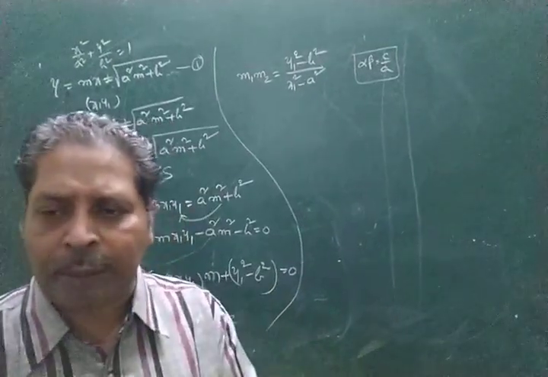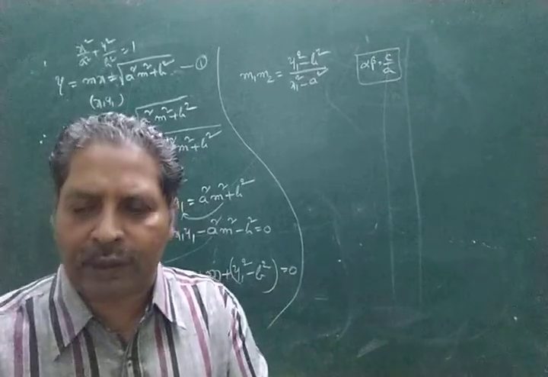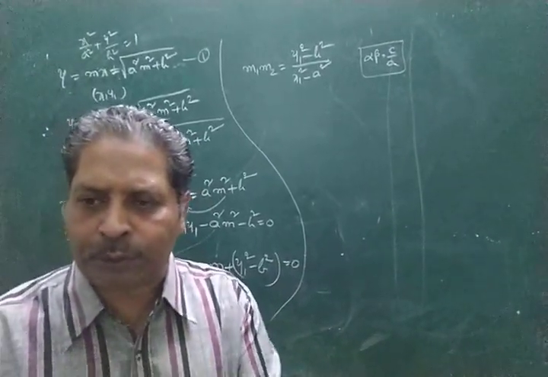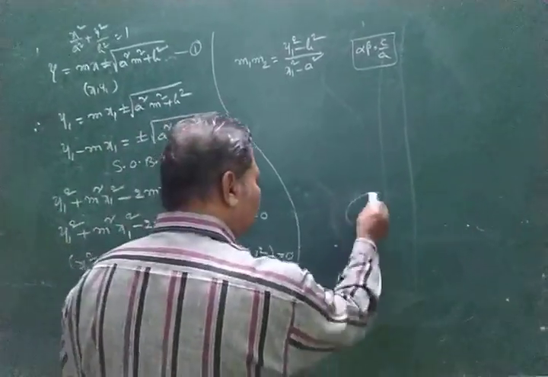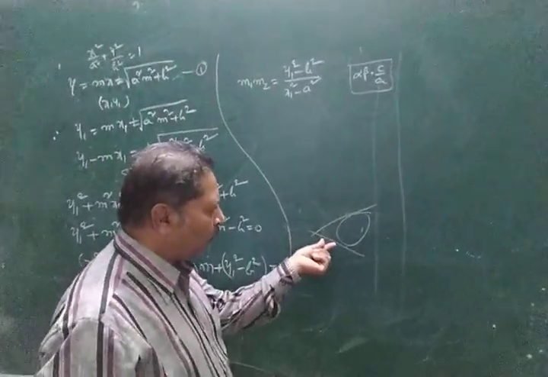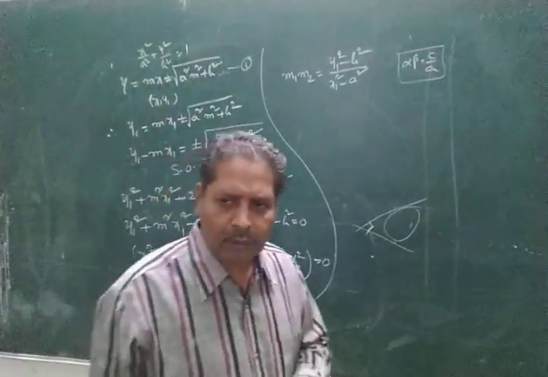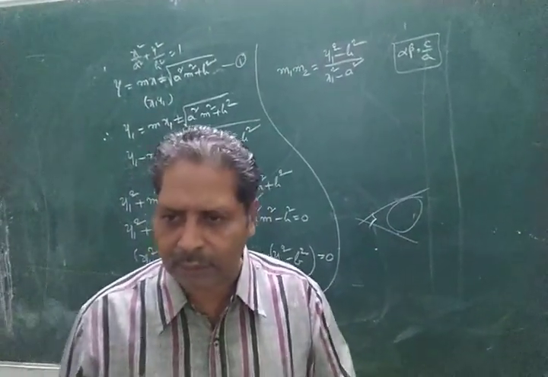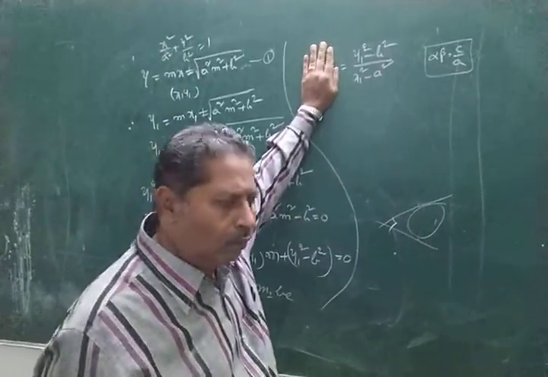In the theorem statement, the two tangents are perpendicular. So the product of their slopes equal to minus 1. This is one tangent, this is another tangent. m1, m2 are the slopes. They are perpendicular to each other. So m1 into m2 equal to minus 1.